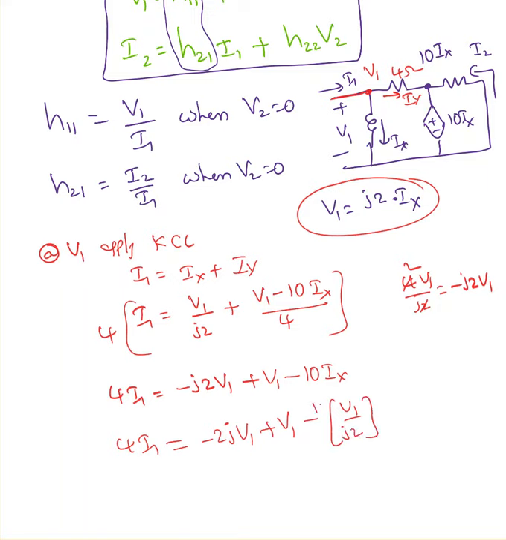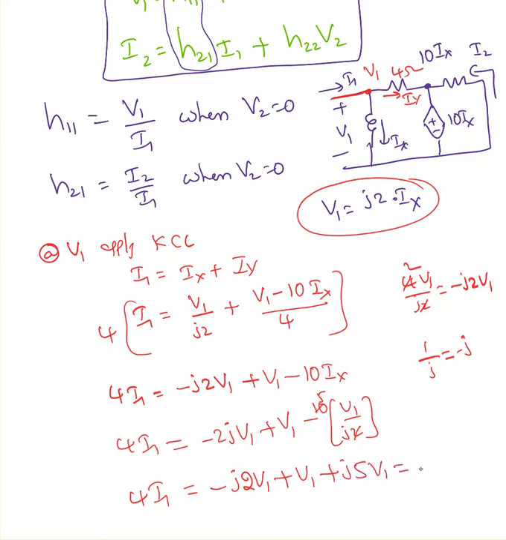So 2 and 10 get cancelled out, 5V1, 1 over J is nothing but minus J. So when this J comes to the numerator, it's going to be minus J, minus and minus get cancelled out, plus J. So 4I1 equal to minus J2 V1 plus V1 plus J5 V1.